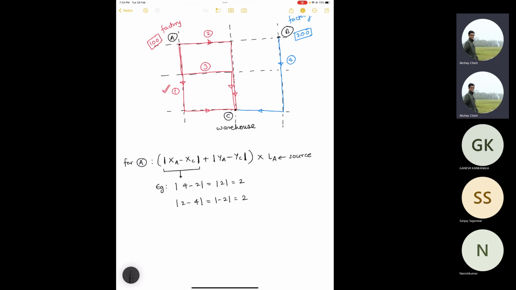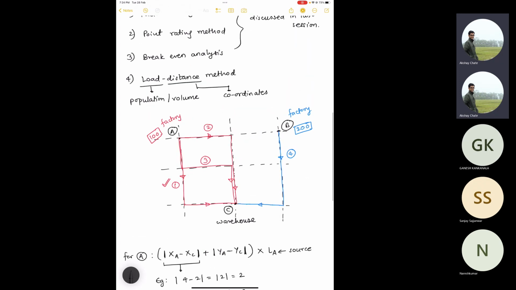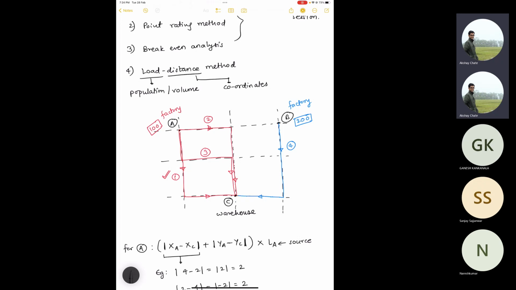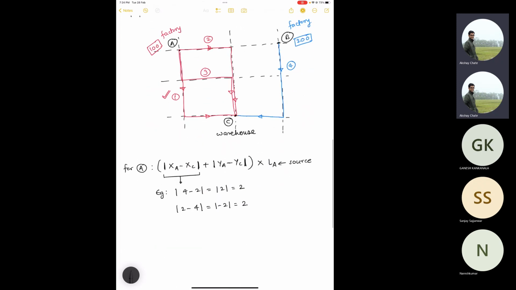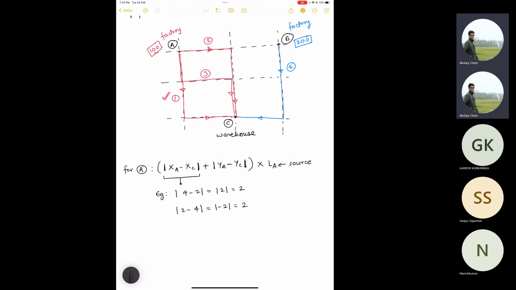Yeah, so I think I made a mistake while explaining. Here you'll consider the factory which has the lower load-times-distance score, not the highest, because that will have more cost.